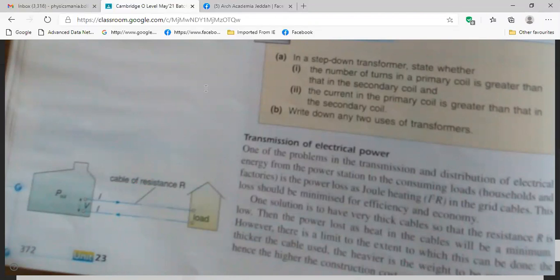When the electricity is passing through these cables, there is a loss of energy in the form of heat, right? Due to friction of electrons in the cable.